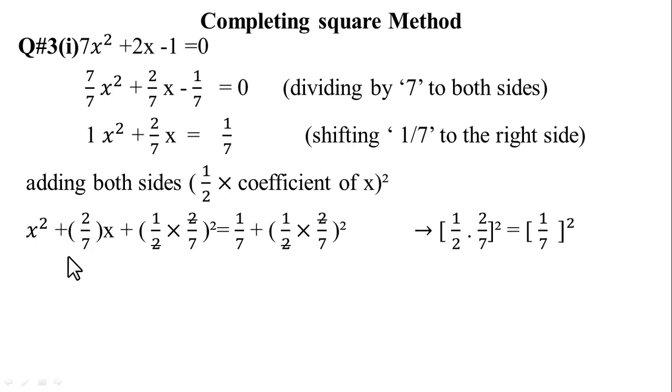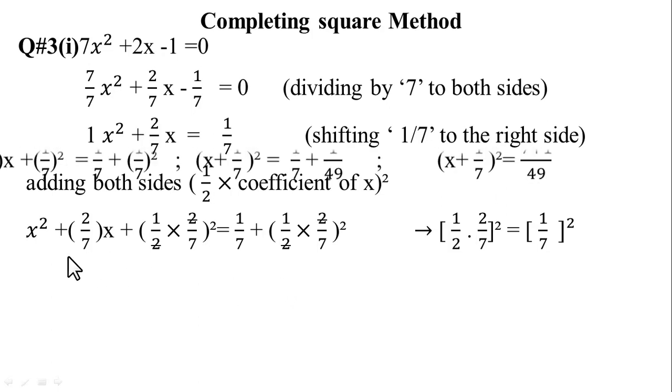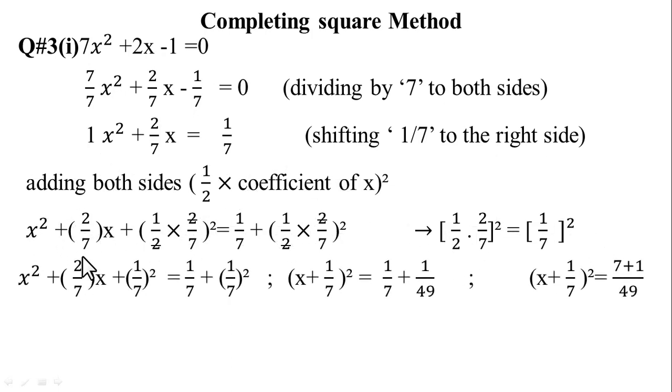Then we have x square plus 2 upon 7 x plus 1 upon 7 whole square is equal to 1 upon 7, the constant term, plus 1 upon 7 whole square. So this is the required term, 1 upon 7 whole square.